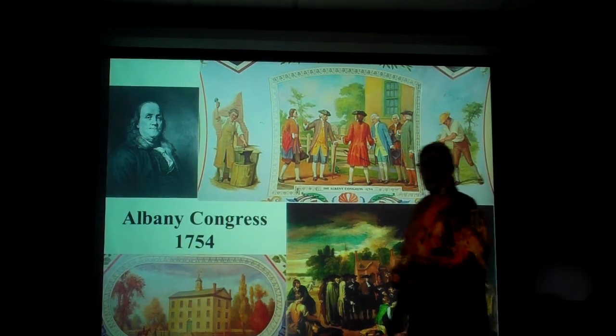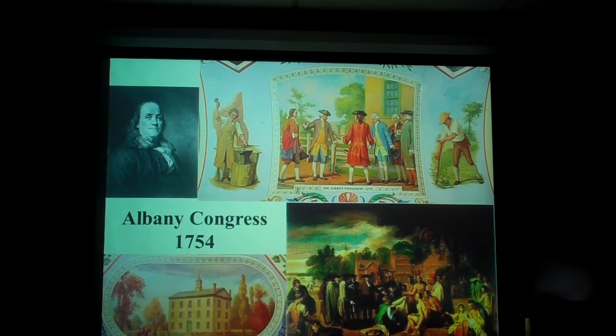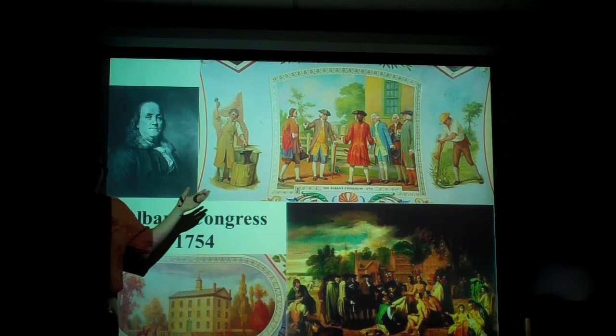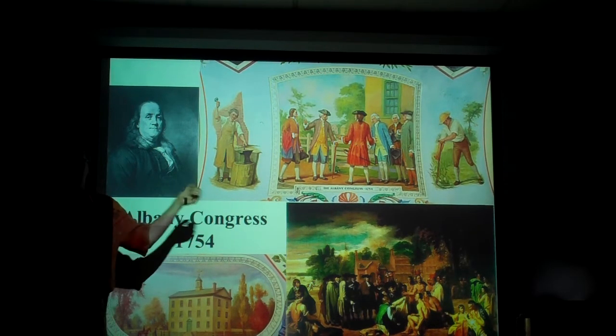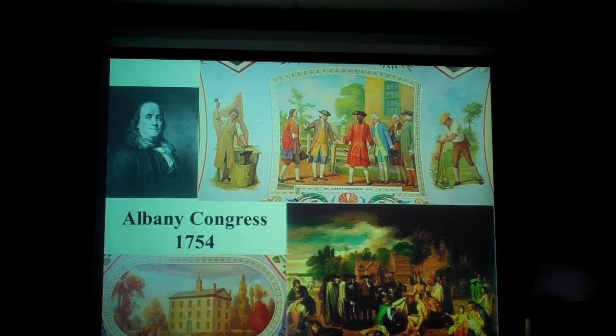Knowing that a war was coming soon, a prominent, wealthy British settler here in the colonies named Benjamin Franklin organized a convention, a congress, in Albany, in upstate New York. Franklin was famous already. He had established a famous almanac. He was a printer.